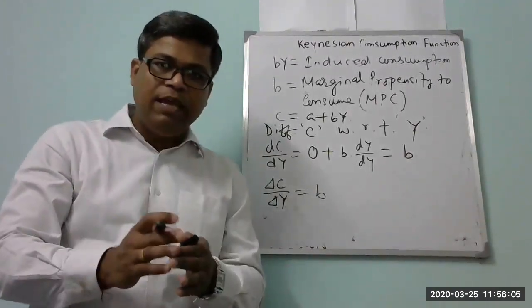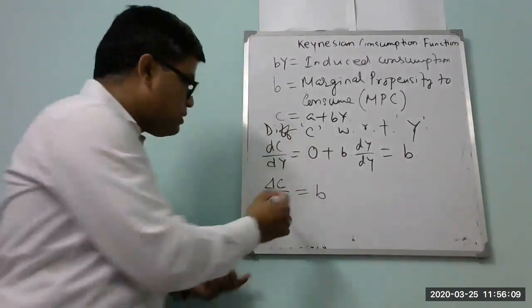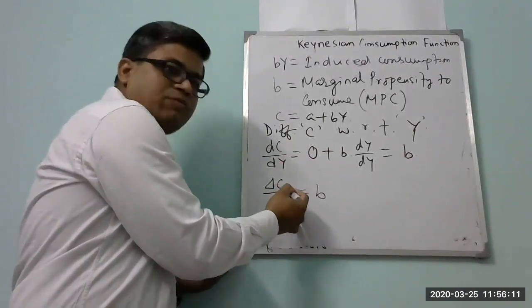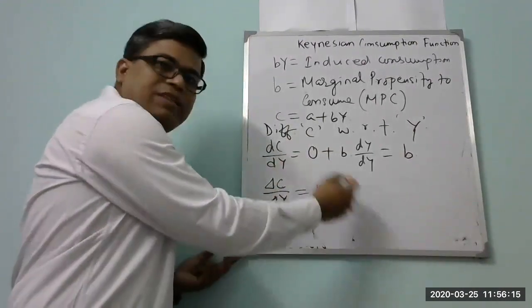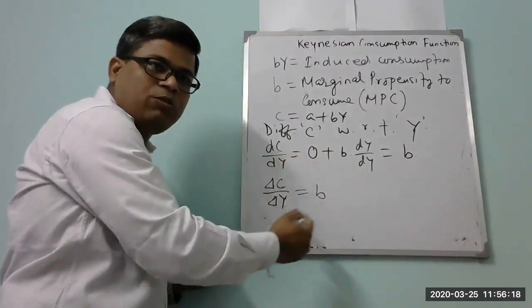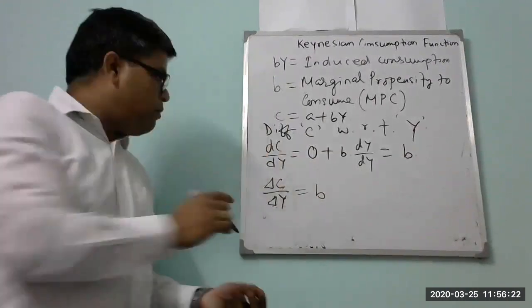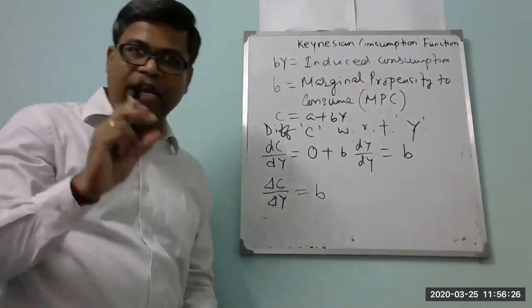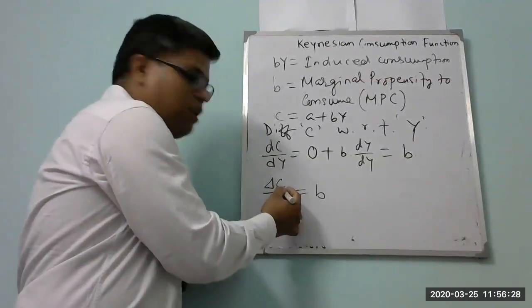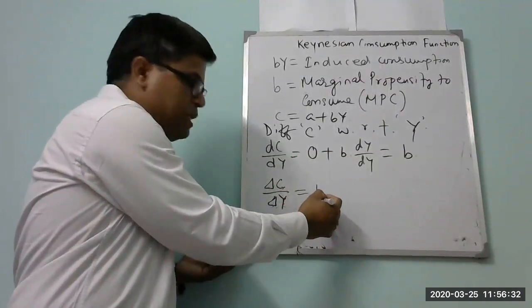It's very simple to understand. If you can remember these things, you can write down the definition on your own. Change in consumption, del C, the meaning of del is a very small change, delta. So the change in level of consumption due to change in level of income is B, meaning MPC.